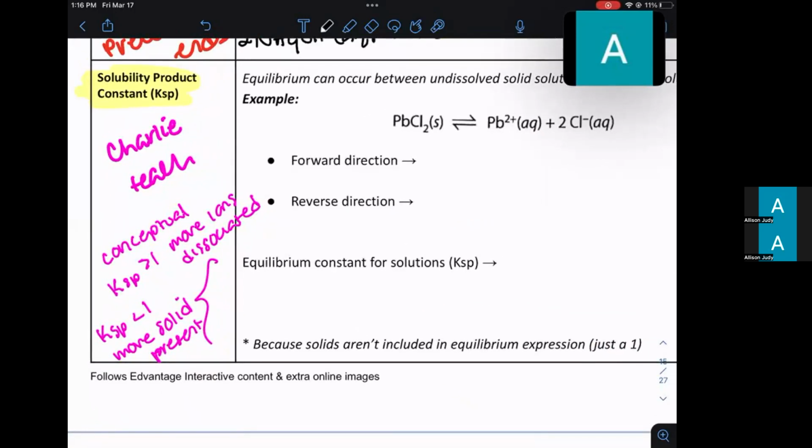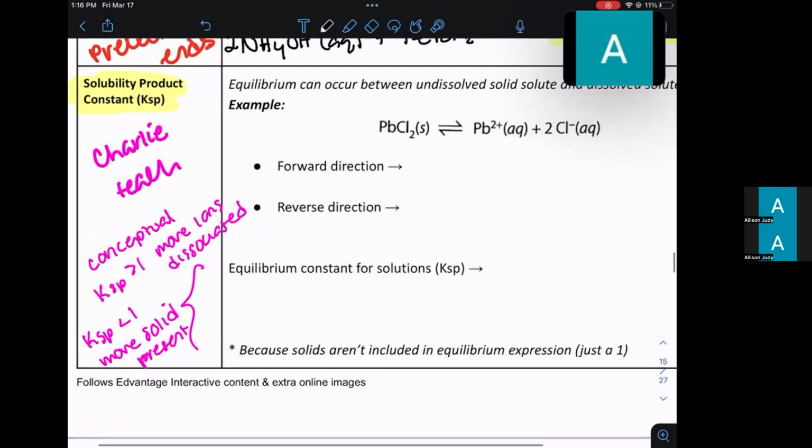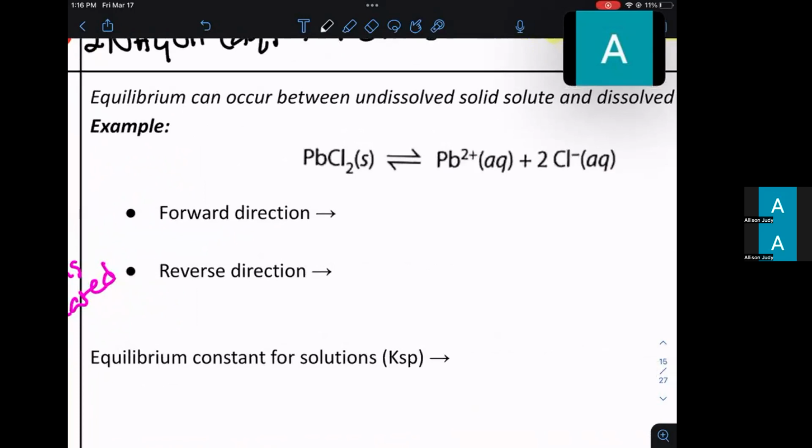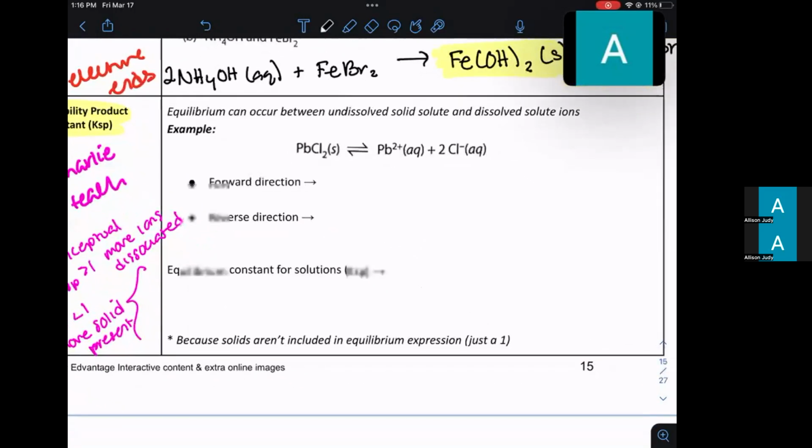Awesome. All right. Today's lecture is on KSP, which is a K value. It's basically a subcategory of KEQ. It's the equilibrium constant for dissolution, for the equations you get when you have a solid dissolving into water, basically in an aqueous solution.